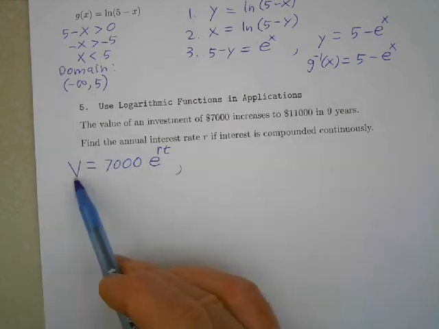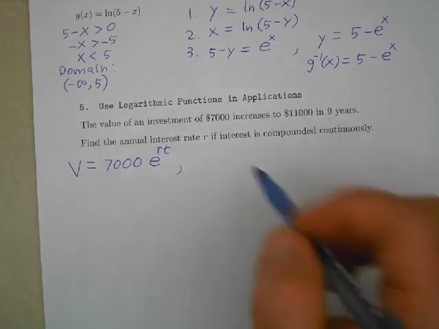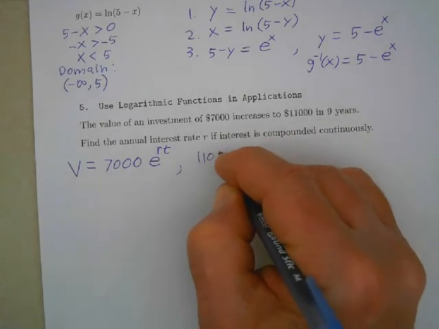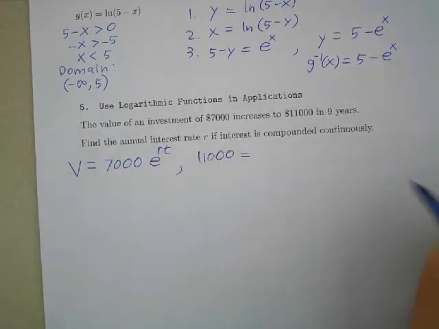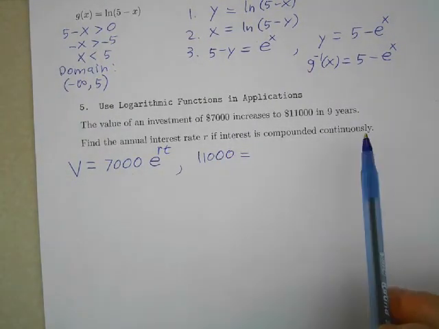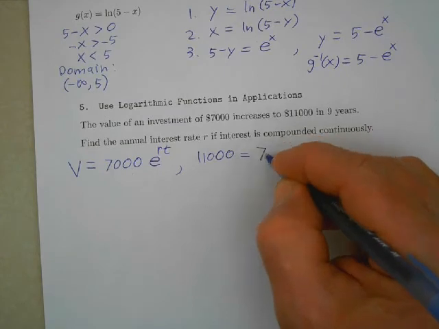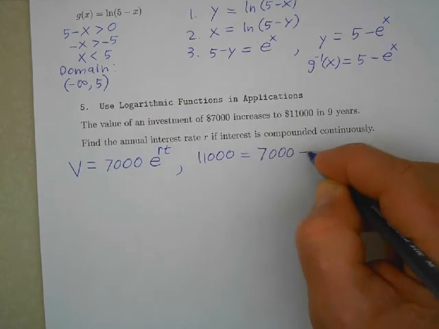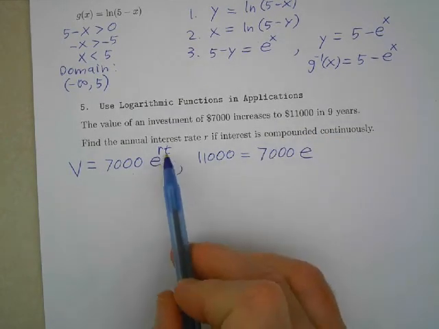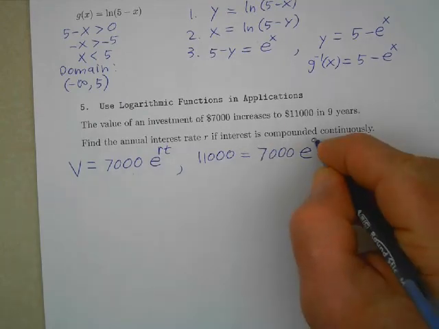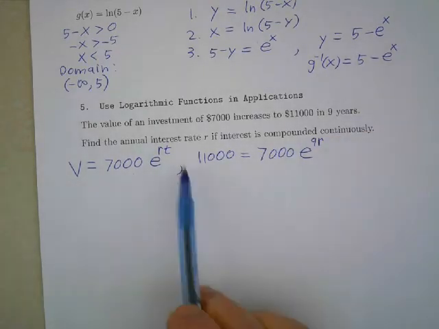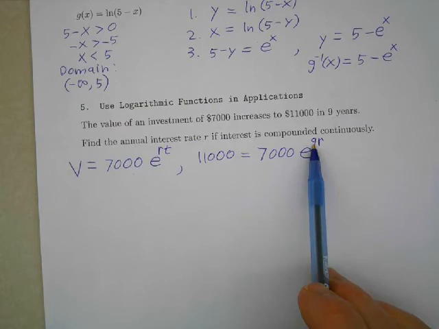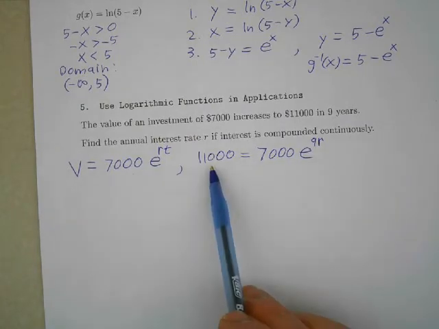So we'll replace v with $11,000 and set that equal to 7,000 times e to the 9r. All I did was replace t with 9 because we're told that in 9 years the value is 11,000.